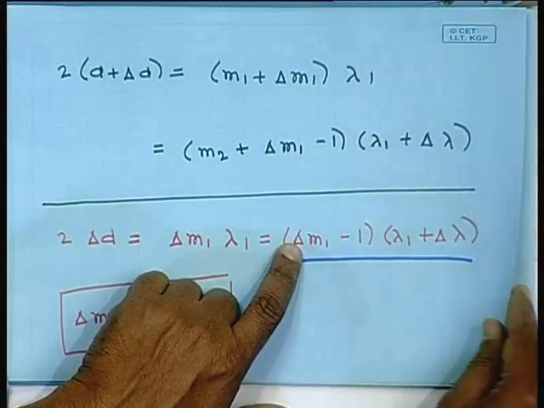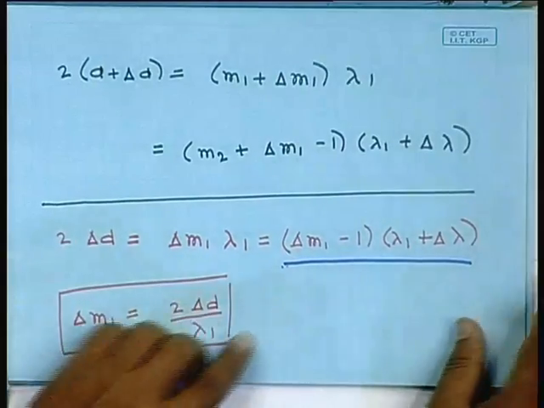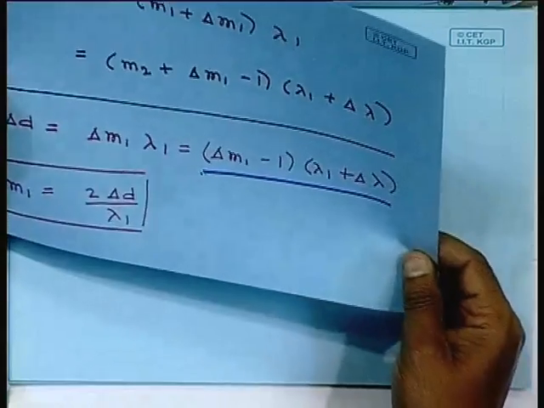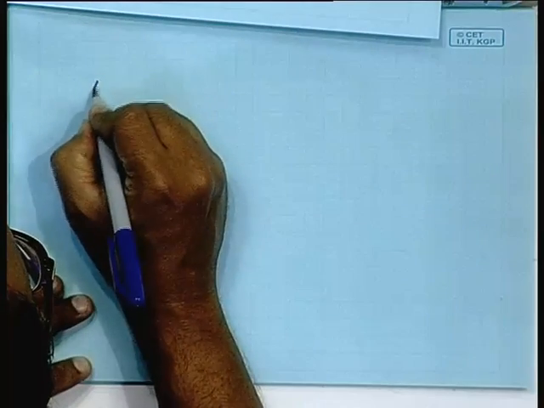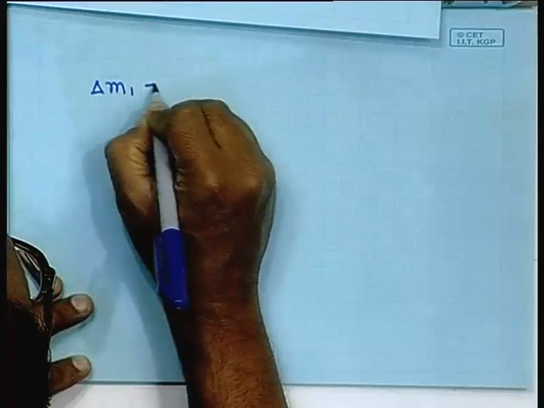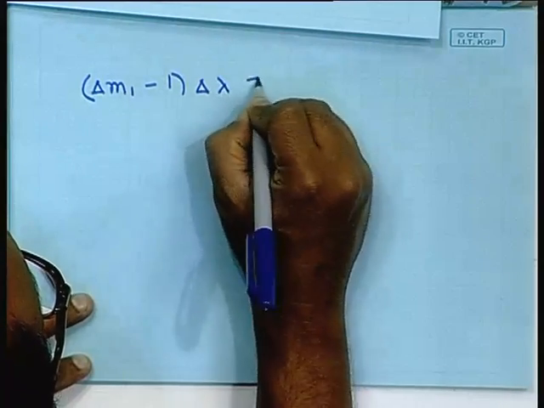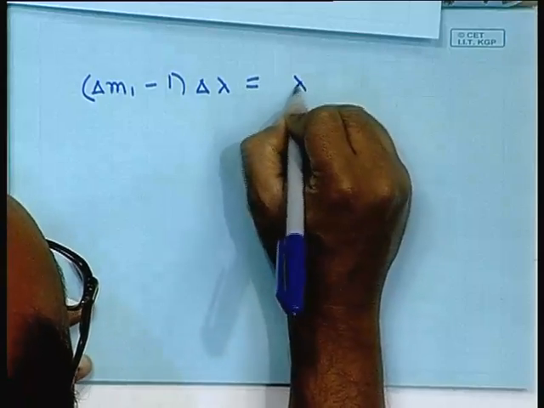So, what this gives me is, let me write it down here, delta m1 minus 1 into delta lambda is equal to lambda 1.